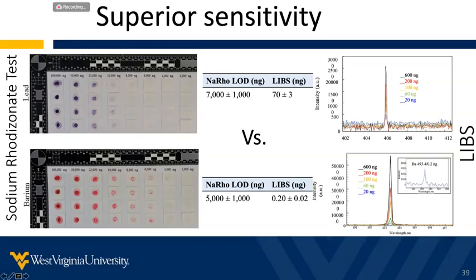In this example, the limit of detection for LIPS for lead was 70 nanograms, while the equivalent sodium rhodizonate color test can only arrive at 7,000 nanograms. And likewise, for barium, we can reach detection limits in the order of 0.2 nanograms, while with the sodium rhodizonate color test, when that pink color is generated before the creation of the purple for lead, barium can be detected only at about 5,000 nanograms.